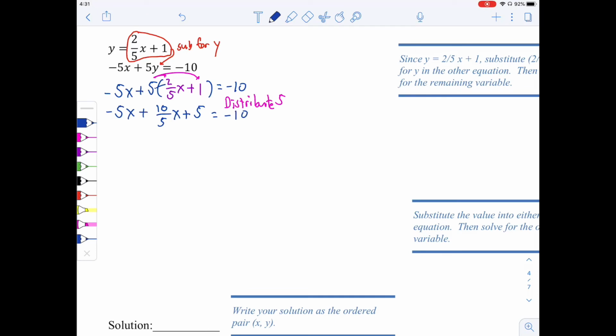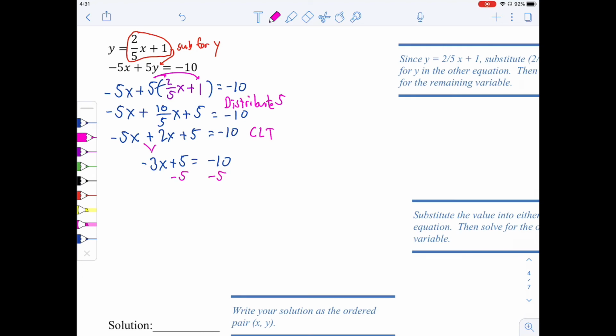This is equal to negative 10 on the right. And then keep simplifying. Negative 5x, 10 over 5 is 2. So we get 2x plus 5 equals negative 10. Combine like terms. So we get negative 3x plus 5 equals negative 10.